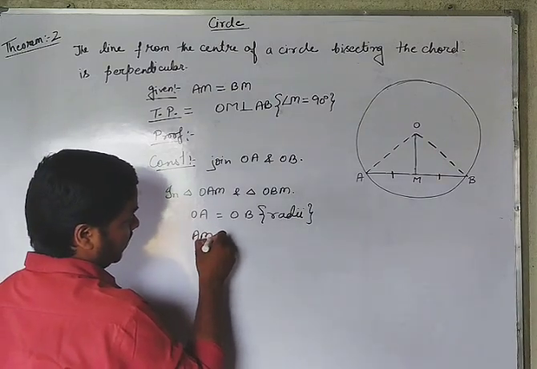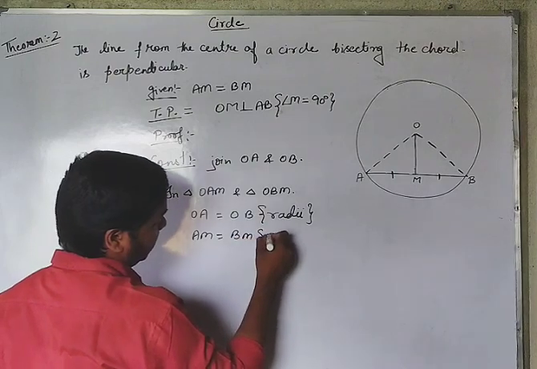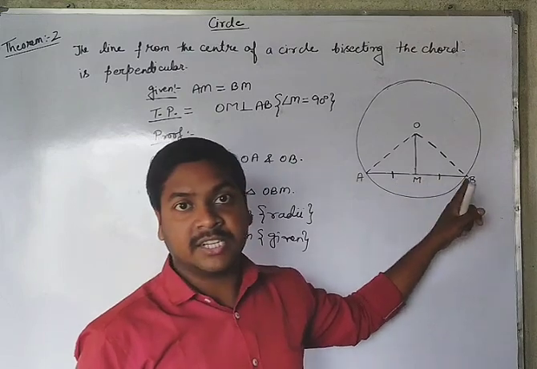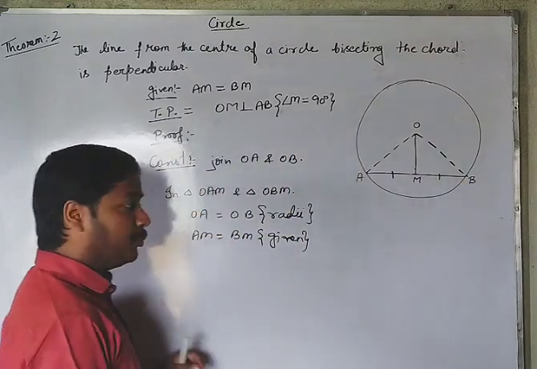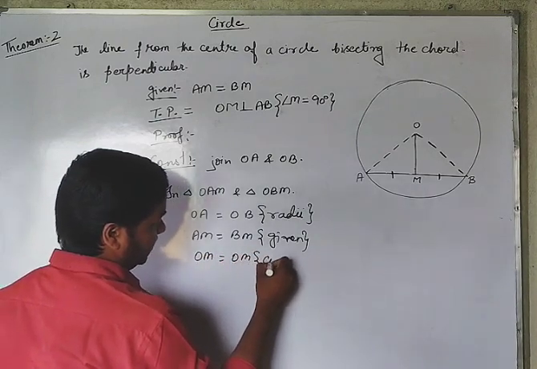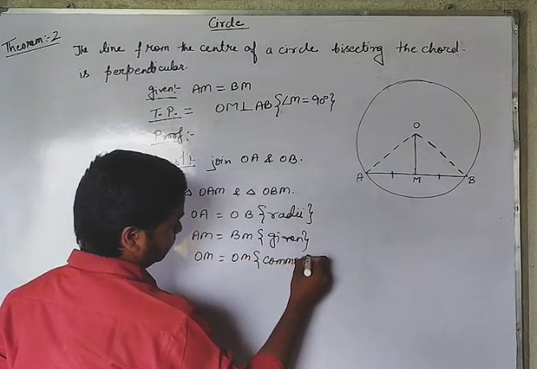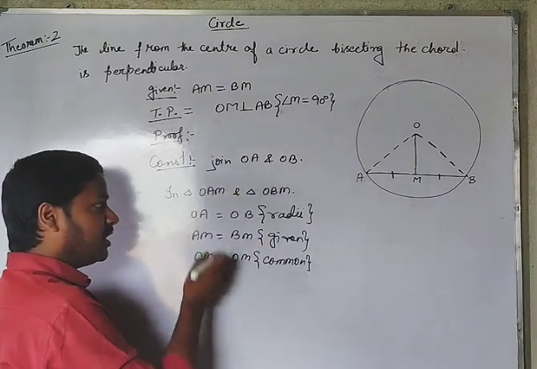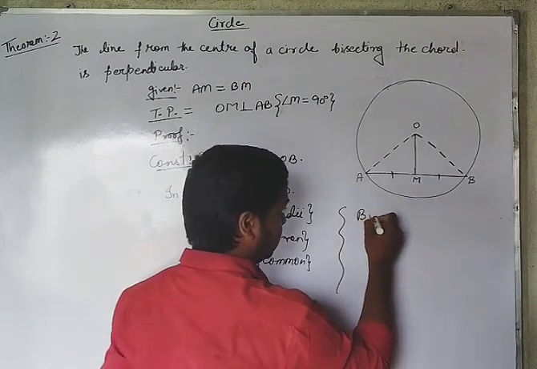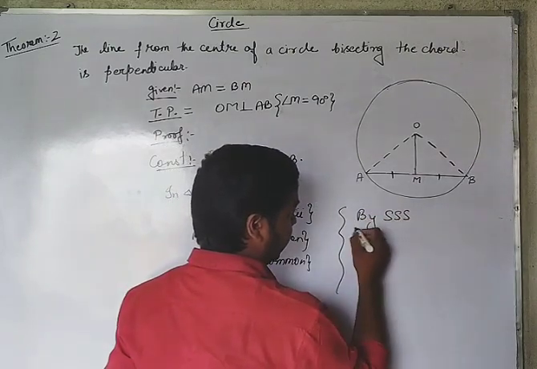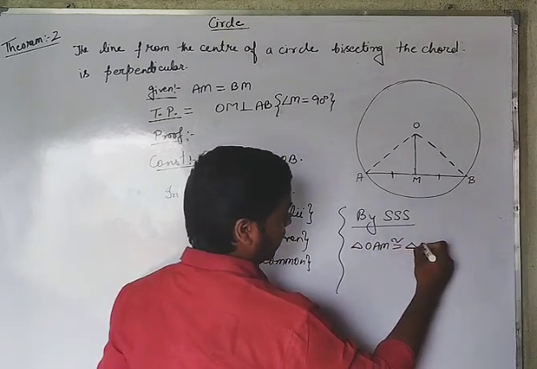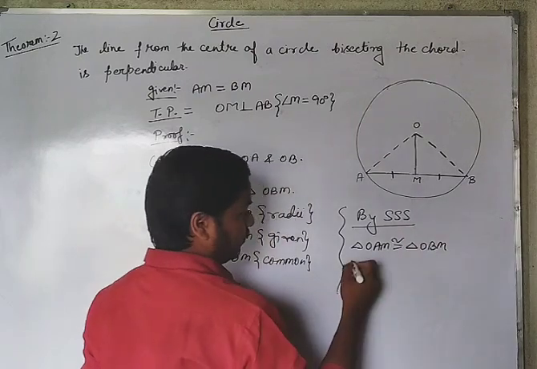Again AM equal to BM, that is given. We cannot take 90 degrees because it is not given; that is what we need to prove. So OM equal to OM, that is common. All three are sides, so by SSS, triangle OAM is congruent to triangle OBM.